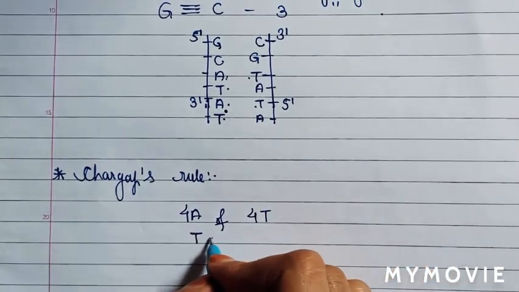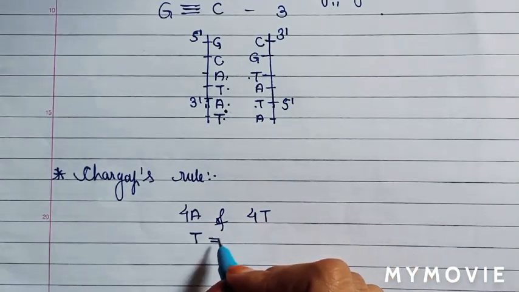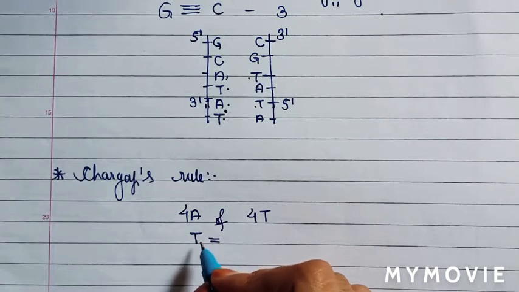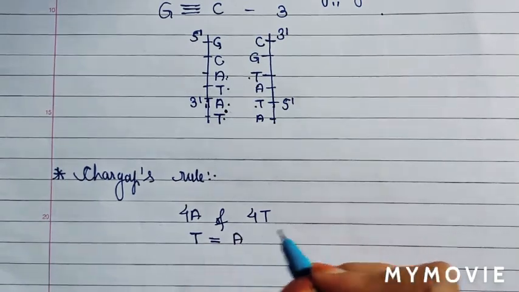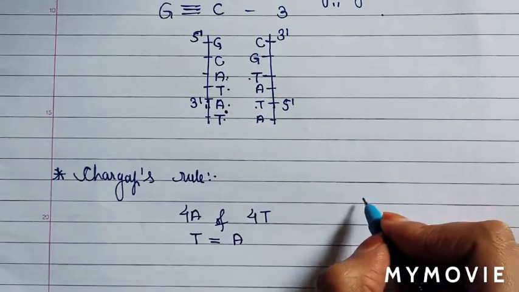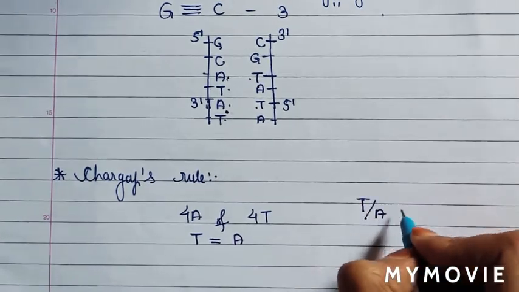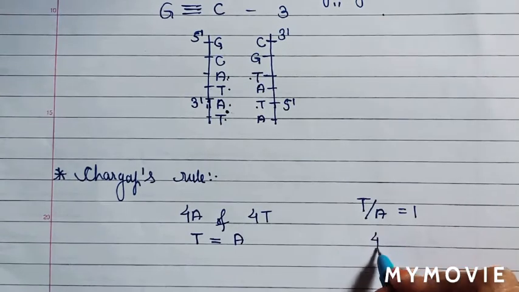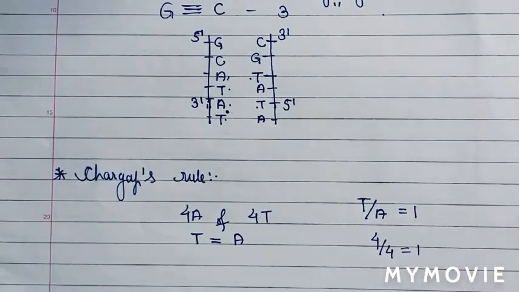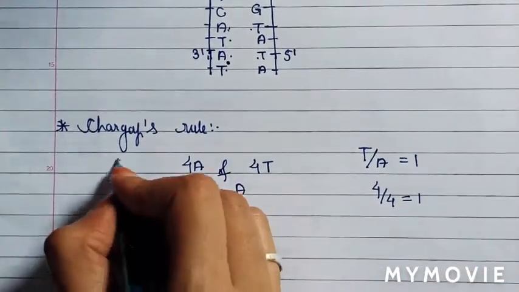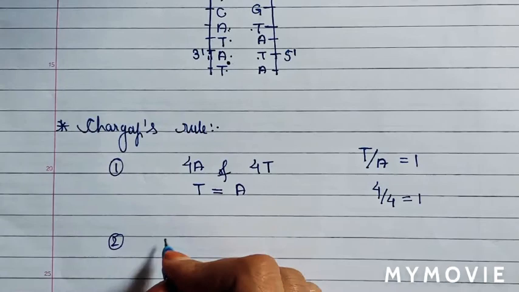Thymine is equal to, here it is not a hydrogen bond, it is an equals sign, adenine. The number of thymine is equal to the number of adenine, so T by A is equal to 1. You can see here 4 by 4 is equal to 1. Same for cytosine and guanine.